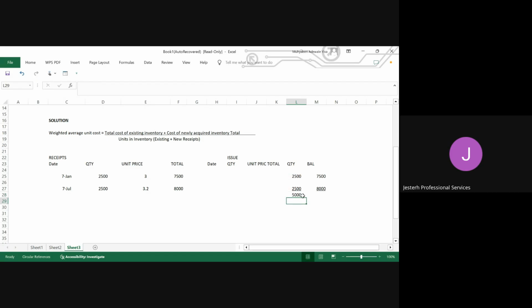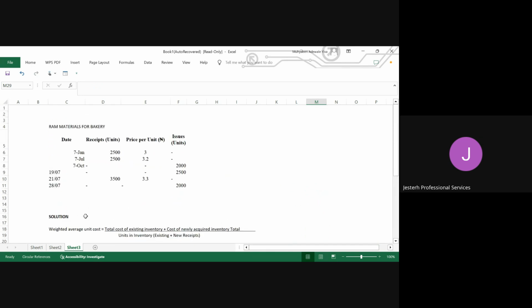It means as of July 7th, the company has 5,000 quantity of these particular products in their store, which is valued at 15,500. Now, on the 7th of July, the issue.